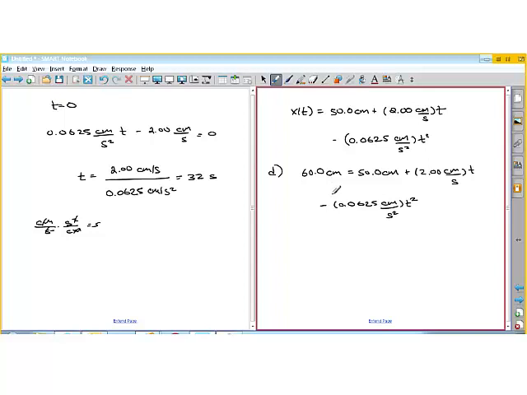So the issue here is that you're going to have to solve a quadratic equation. So let's move everything to the left-hand side. This will become positive, this will become negative, and then we'll combine those two.